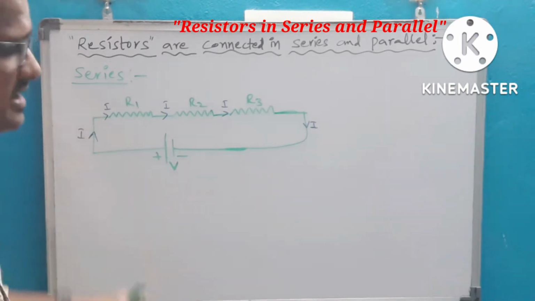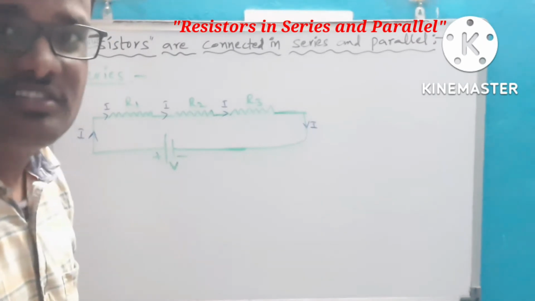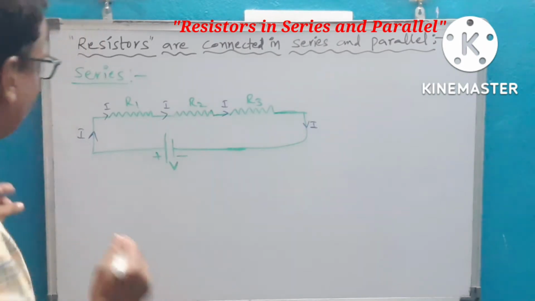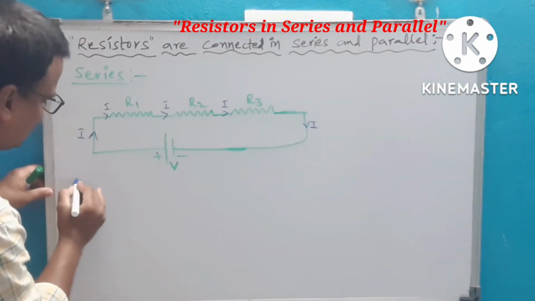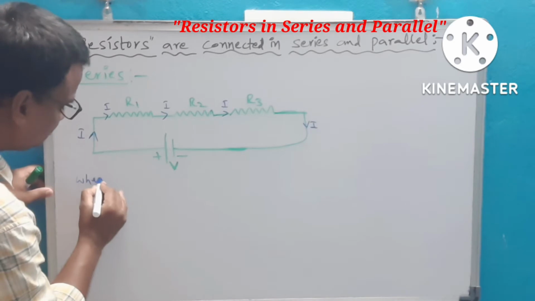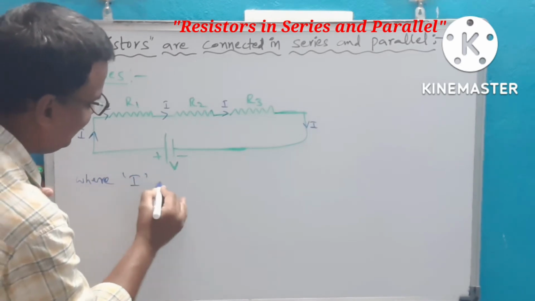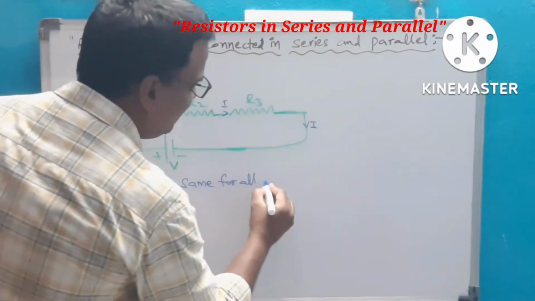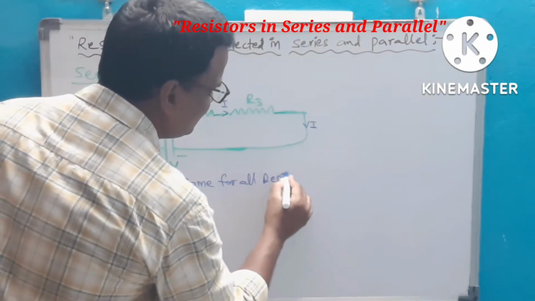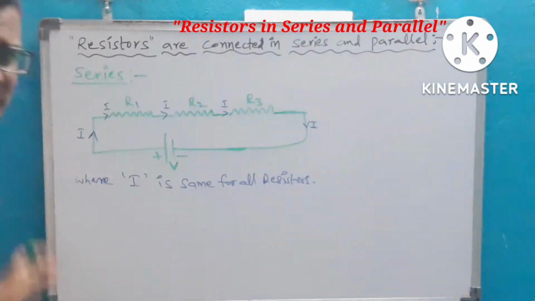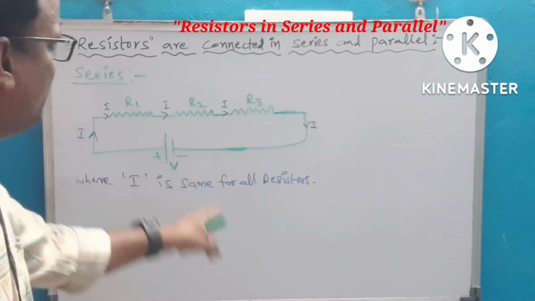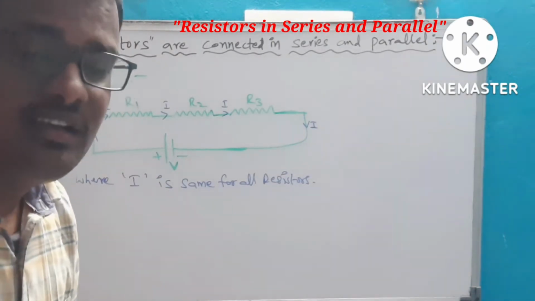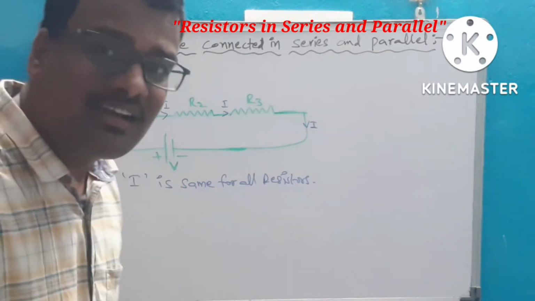That's why for the series combination of resistors, the current is the same for all resistors. But the potential and resistance are not the same for all the resistors.